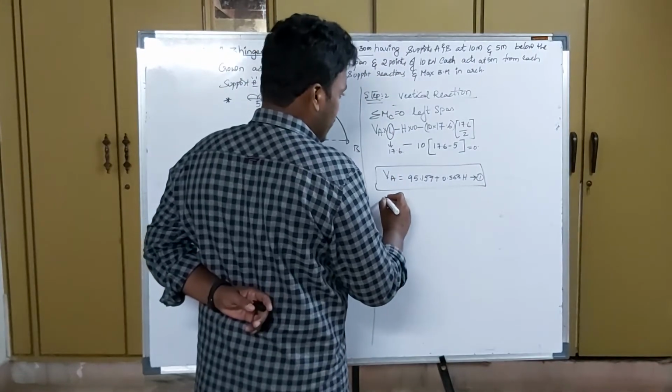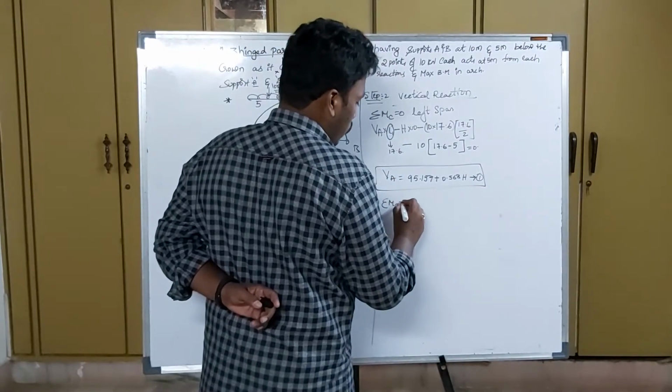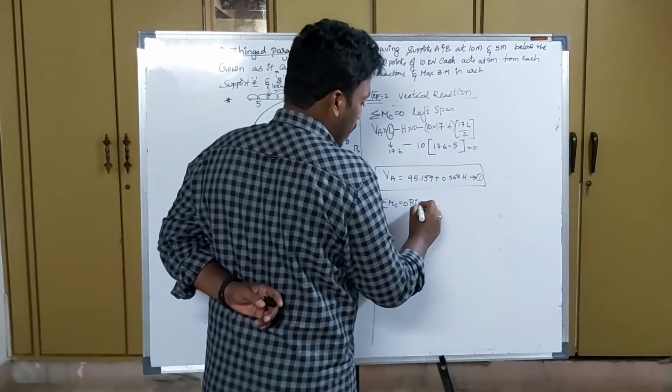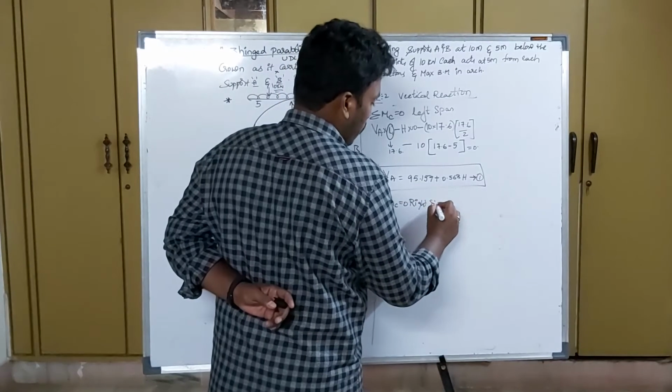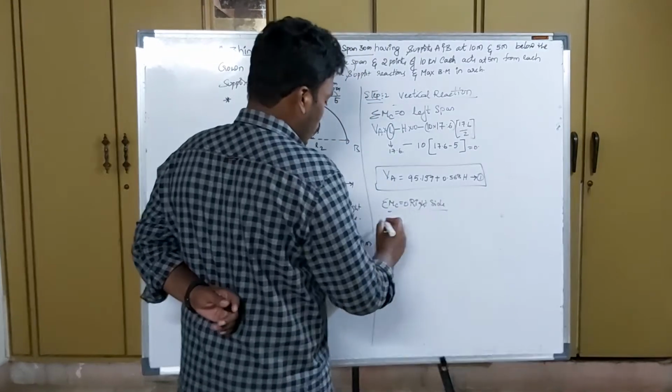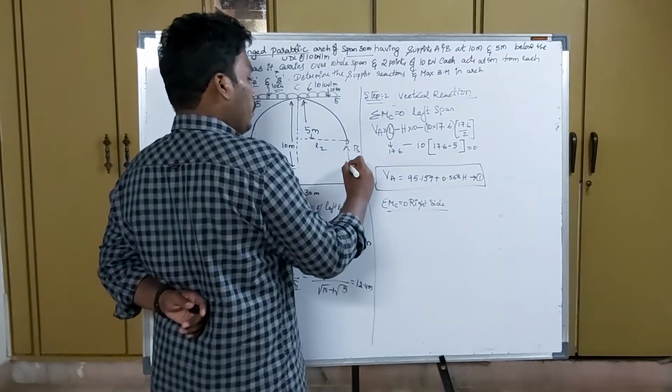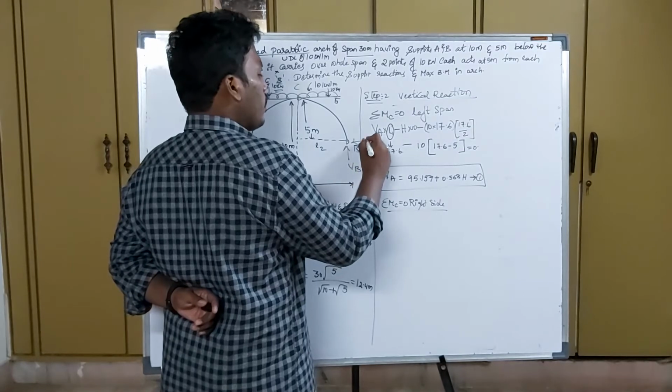So going for the right side, sigma MC equal to 0 for the right side section. So here we have VB and H acts.